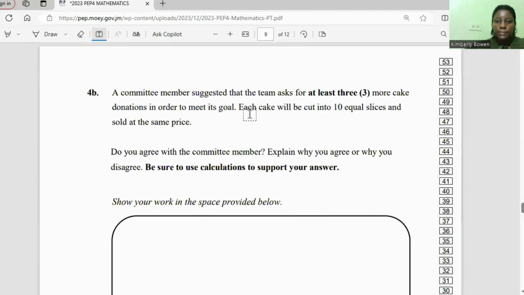So I said, each cake will be cut into 10 equal slices and sold at the same price, just like what we looked at in 3C. It says, do you agree with the committee member? Explain why you agree or why you disagree. Be sure to use calculations to support your answer.